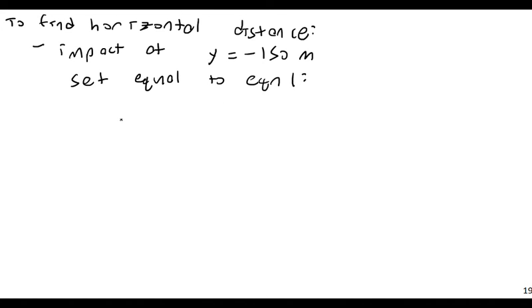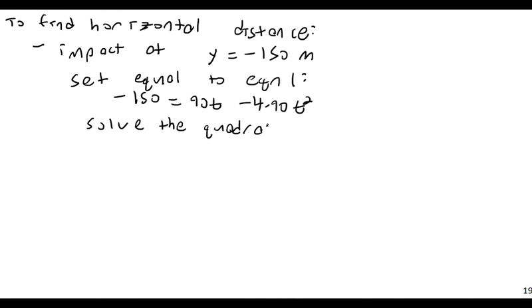And I will get negative 150. Basically, I'm trying to get the time. Negative 150 equals 90t minus 4.90t squared. And then if we solve for t, solve the quadratic, you will get that t is equal to 19.91 seconds.